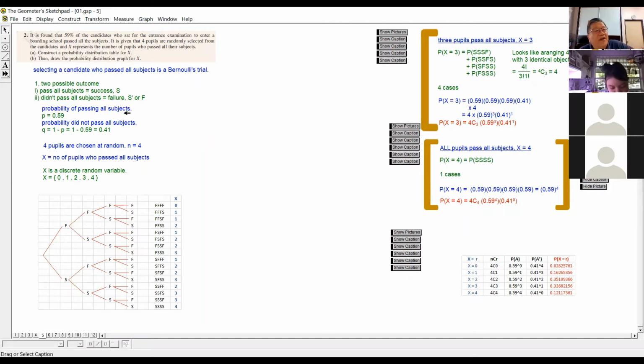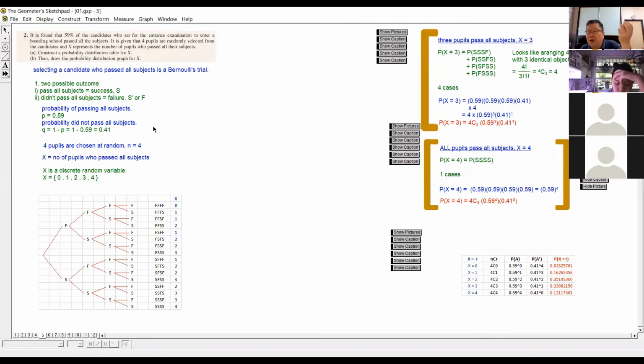Then the opposite of success is failure. So the probability of failure is denoted by the letter q. What is q? q is actually 1 minus p. That is 1 minus 0.59, which is equal to 0.41. So we have two probabilities here. Probability of success, we call it p.